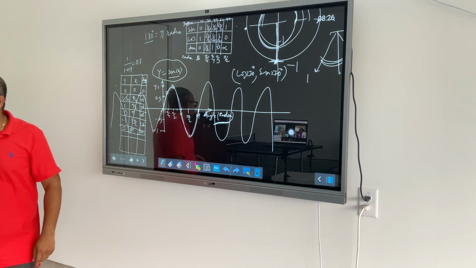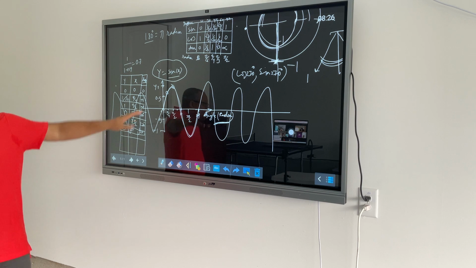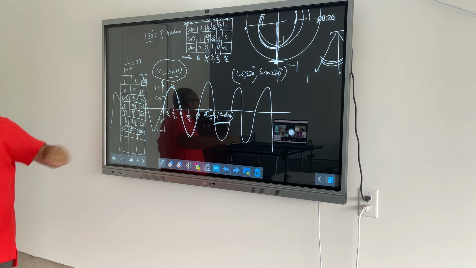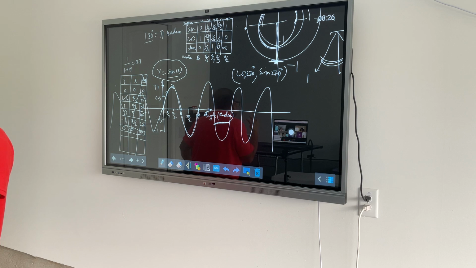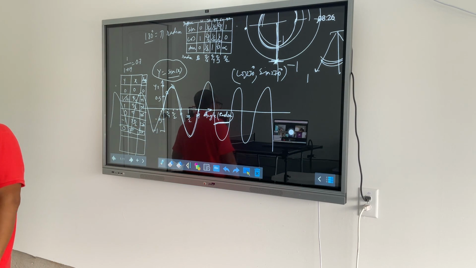So your sine curve will always be like this. And we just applied 3 concepts. One is our basic understanding of the coordinate plane, our understanding of the basic trig ratios, and if we have to go beyond 90 degrees, we have to borrow concepts from the unit circle. All these three things together helped us draw this sine curve.